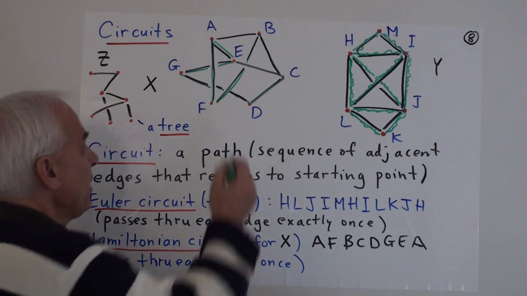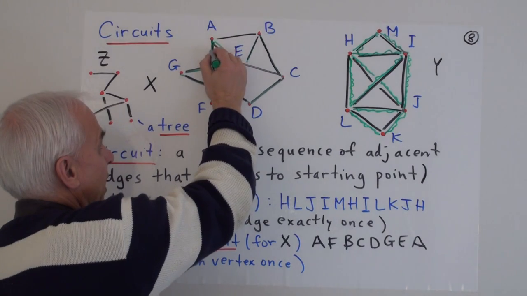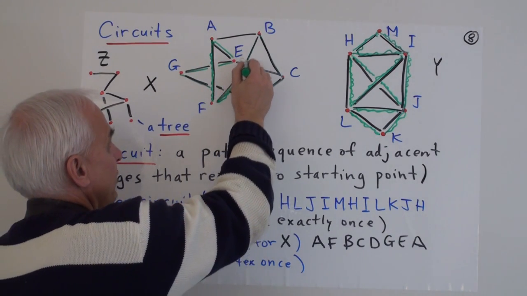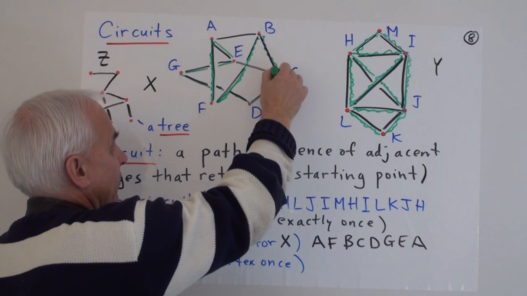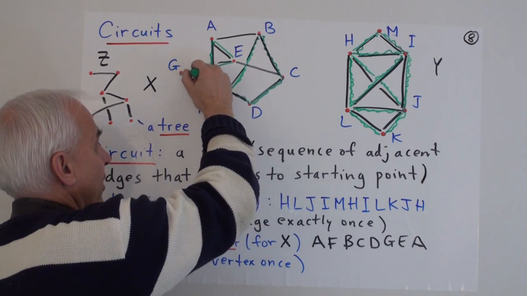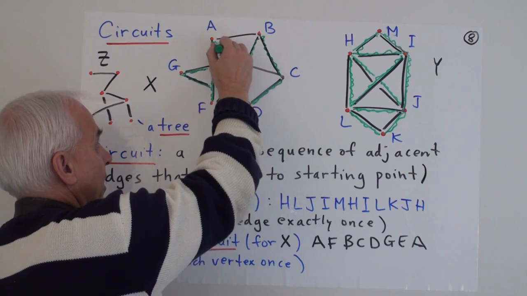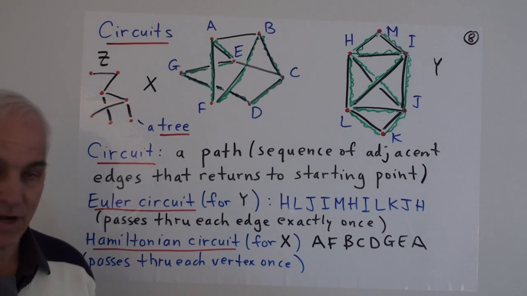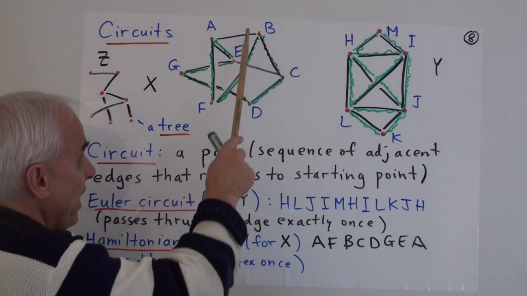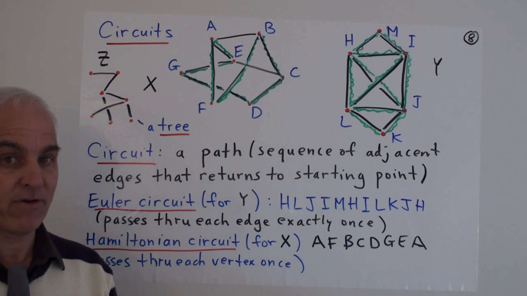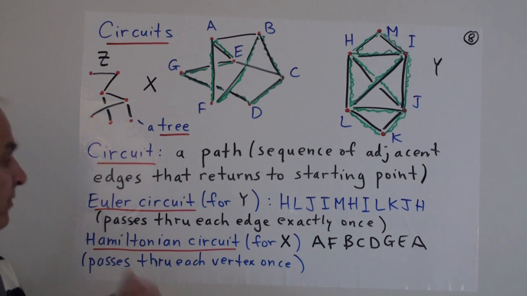For example, we start at A, and then we go along here to F, and then we go up to B, and then to C, and then to D, over to G, and then to E, and back to A. We haven't necessarily traversed every edge. For example, we haven't gone along that edge or that edge, but we have visited every city or every vertex exactly once, and we've returned to where we started.